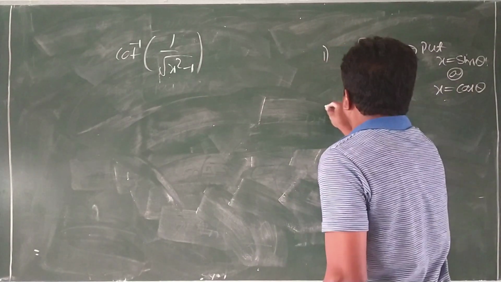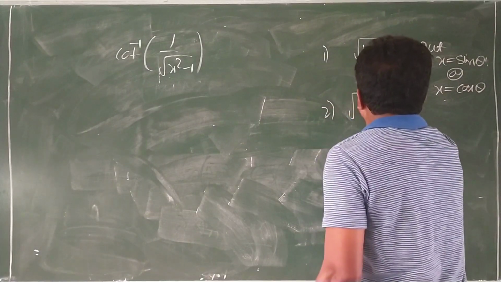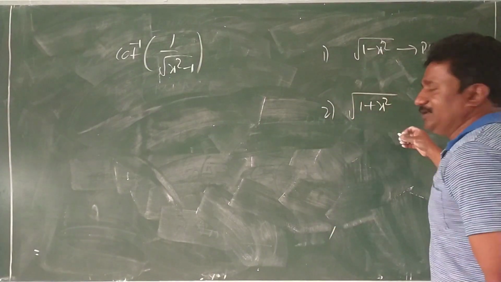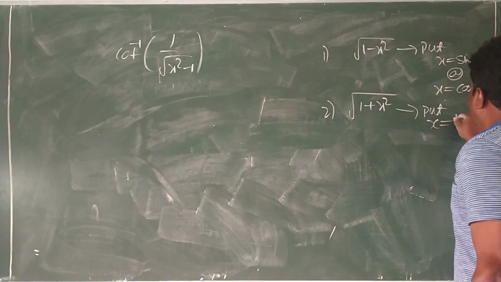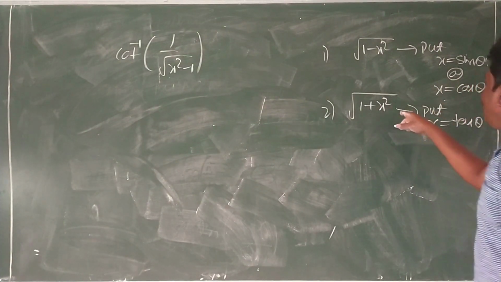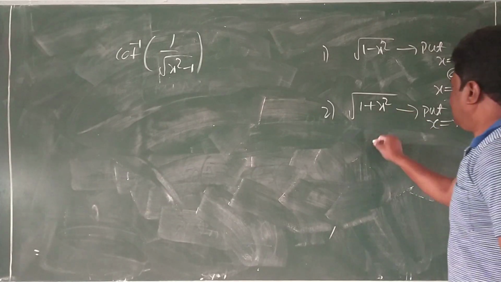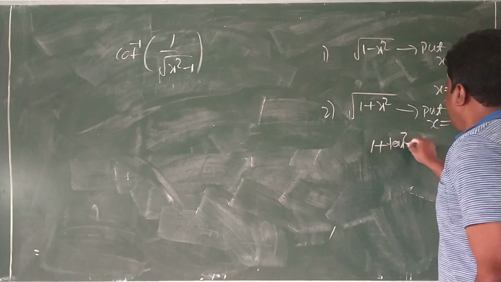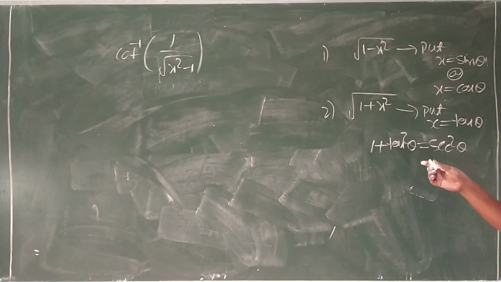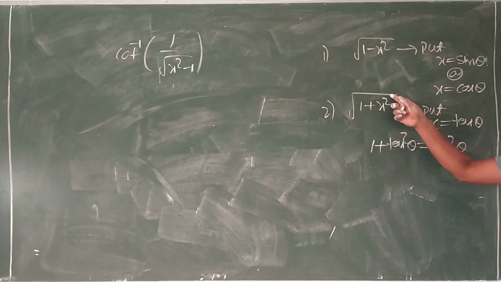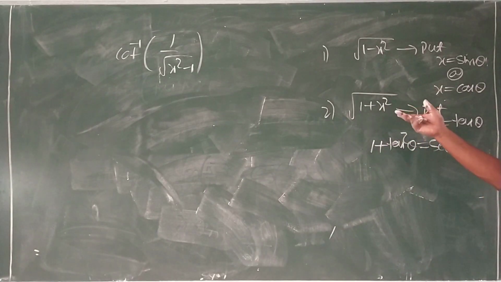First, one more. If it is root of 1 plus x square, put x equals tan theta, because we have the formula: 1 plus tan square theta is equal to what? Secant square theta. Because of this formula, the term gets simplified.